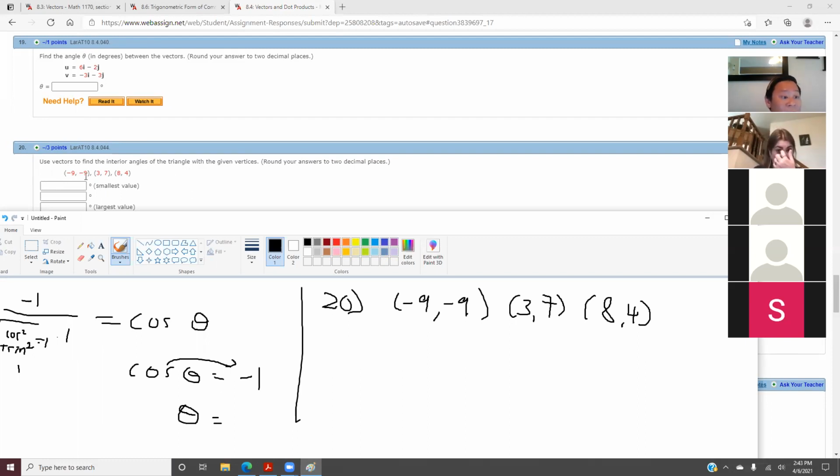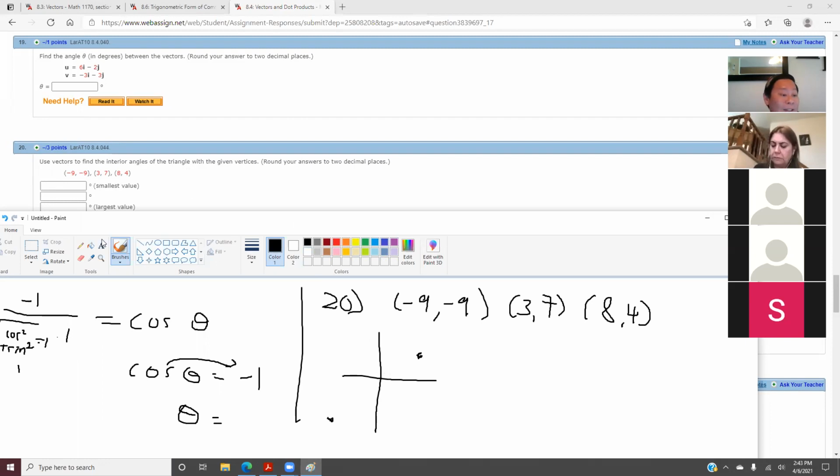No, this is not in a vector form. This is in coordinates form, because a vector has those little less-than and greater-than brackets. So that means they give you the coordinates -9, -9, 3, 7, and 8, 4.